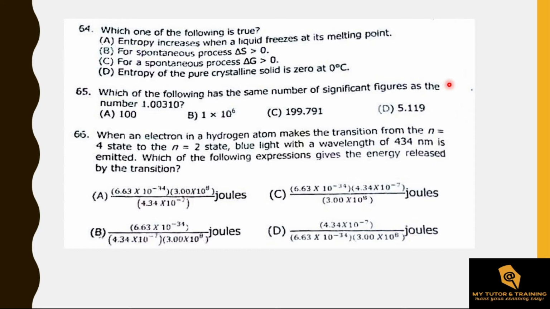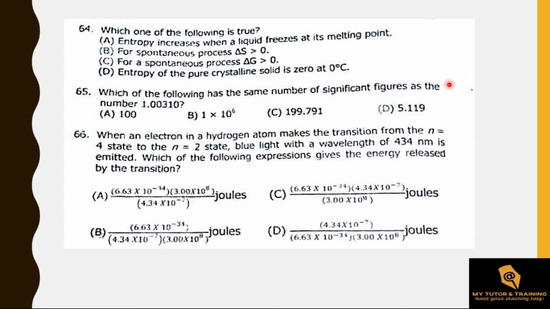So we have the Planck's constant, which is equals to 6.63 times 10 to the power of minus 34 times 3 times 10 to the power of 8 over 4.39 times 10 to the power of minus 7. So, which equation gives A?